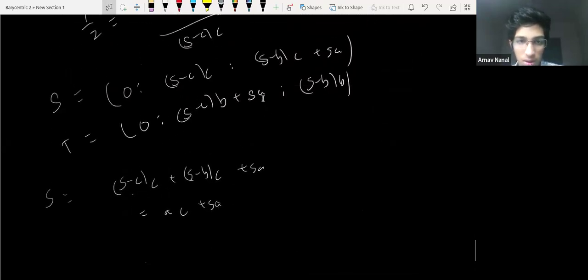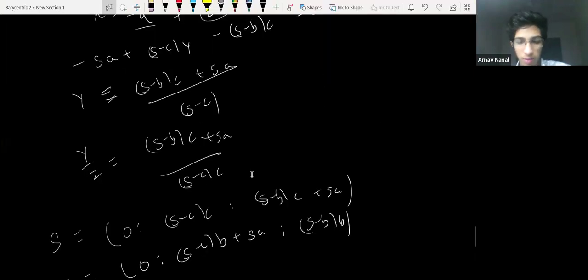So now what you will get is this is just S minus C by, wait, let me just check this one. But what is the minus here? I can't find that.